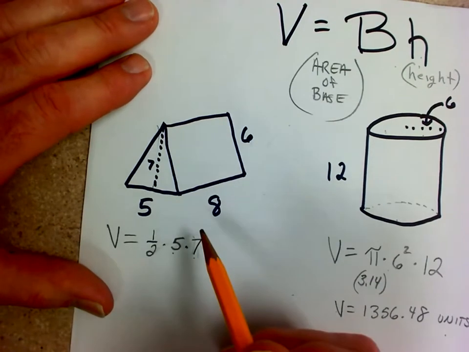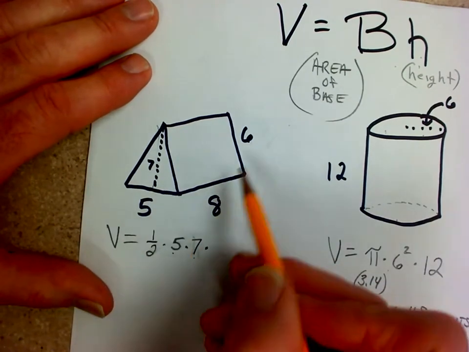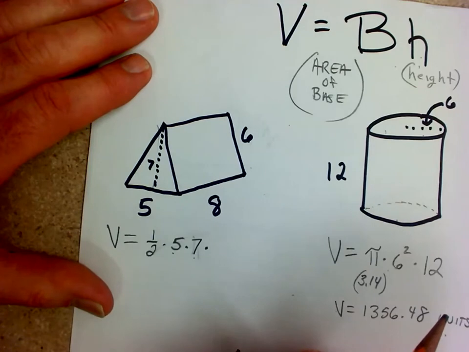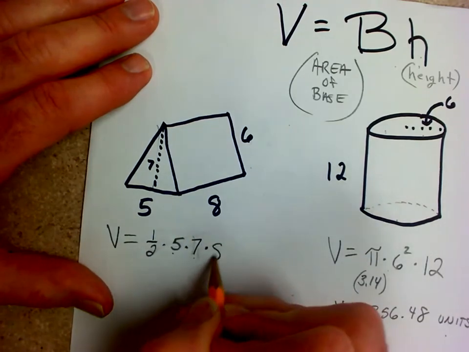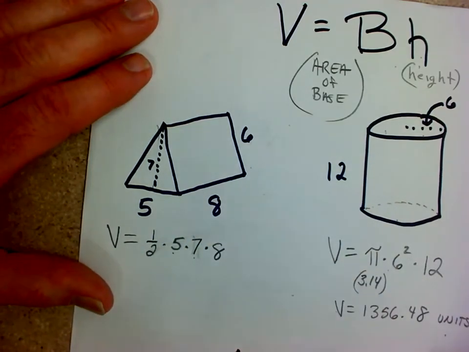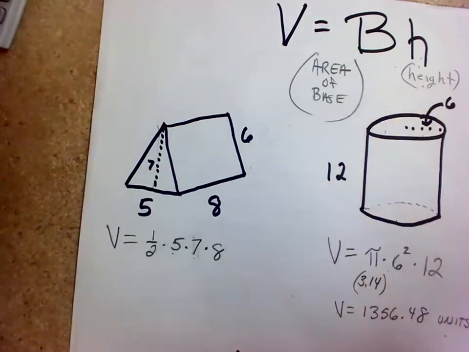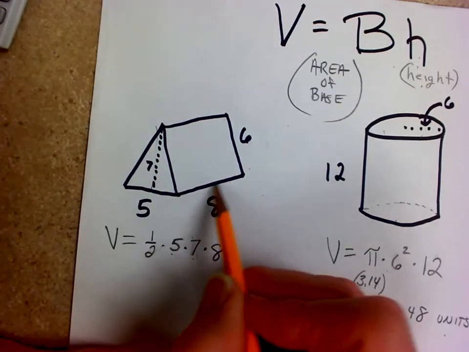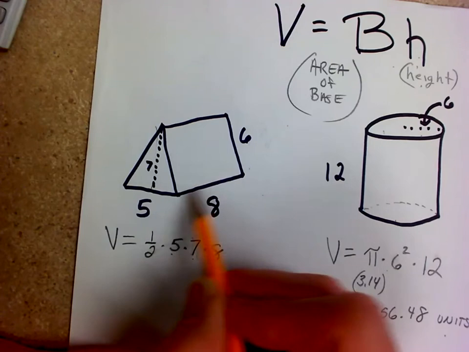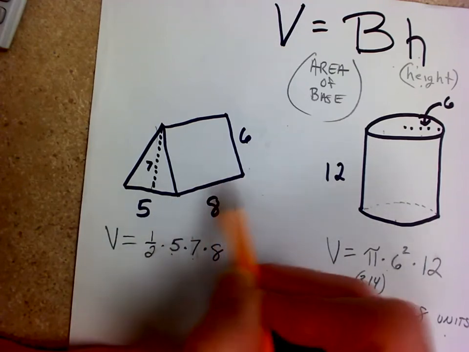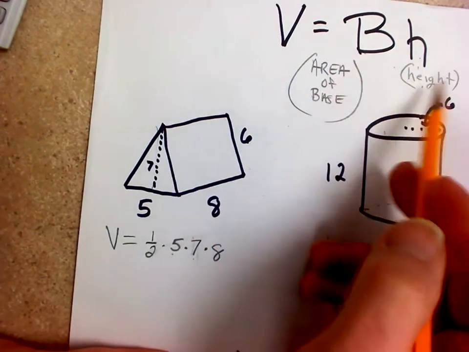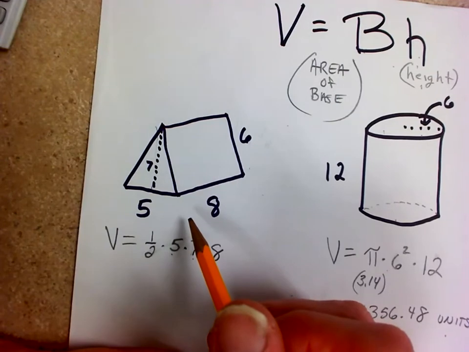And how tall is this solid? Well, how far is it from triangle to triangle? That's considered the height. For this particular one, it would be 8. We're using the word height loosely here. I know most of you probably don't want to consider this a height, but the height is the distance in between the bases.